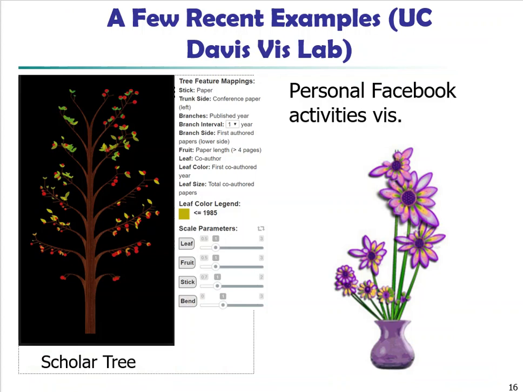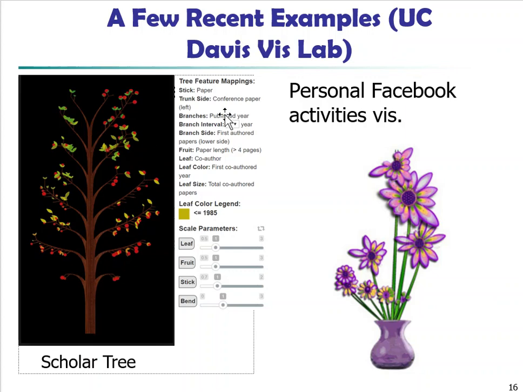Those earlier examples are older ones, very classic. Some recent examples that I'm going to show you, those two examples come from the UC Davis Visualization Lab. This is a scholar tree. This tree represents one person's scholarly life, this person's publications.